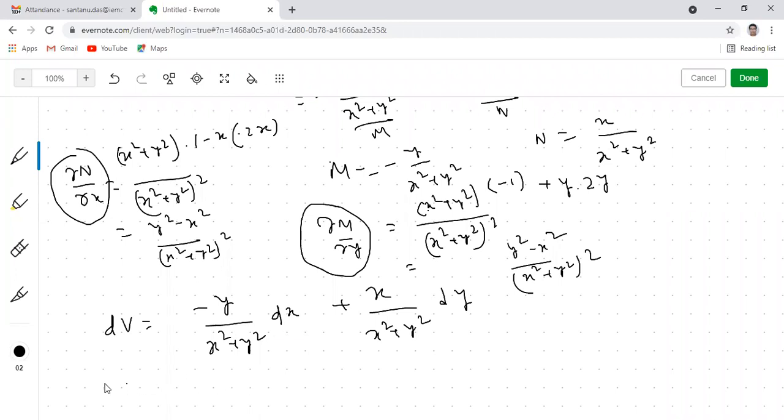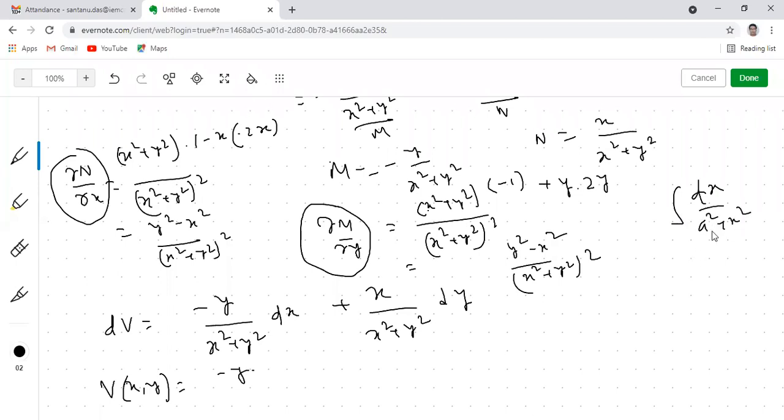Now this is an exact differential equation. So if we integrate both sides, on the left hand side we get v(x,y). If you integrate this with respect to x by keeping y constant, minus y will be constant, and y square is treated as constant while integrating with respect to x. What is the value of the integration of dx by a square plus x square?